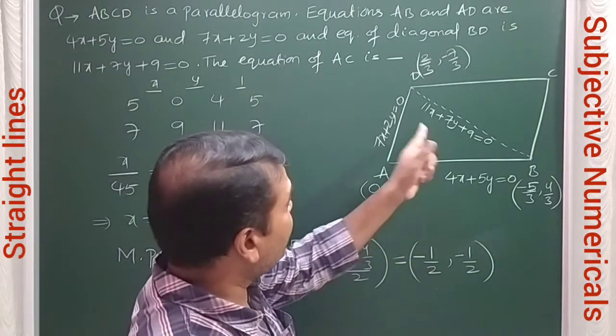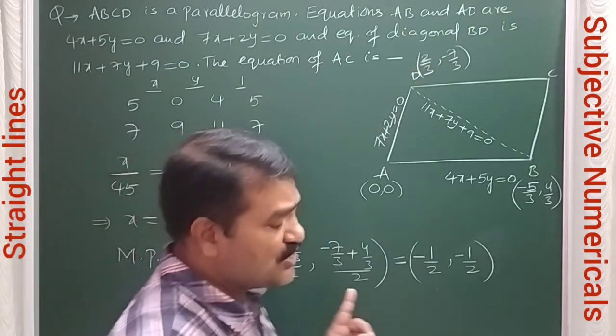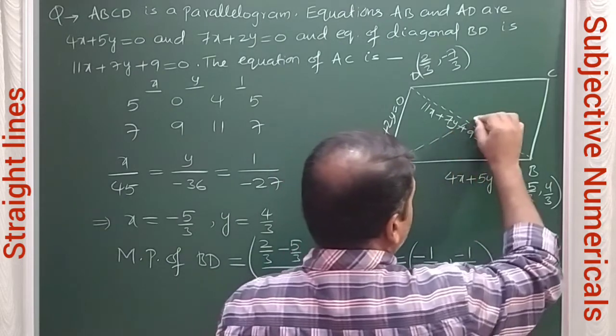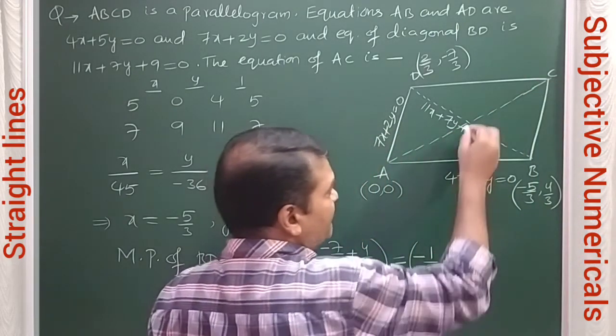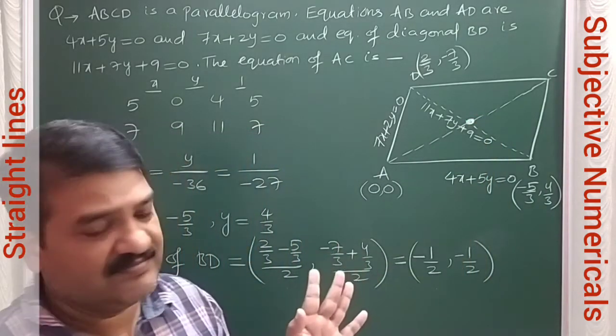In a parallelogram, clearly diagonals bisect each other. So when we consider diagonal AC like this, the midpoint of BD is going to be the midpoint of AC also.